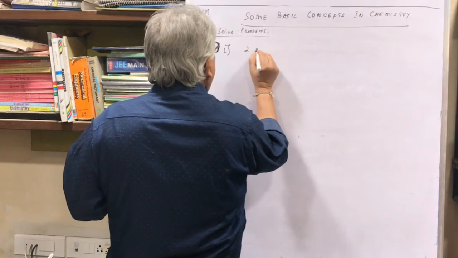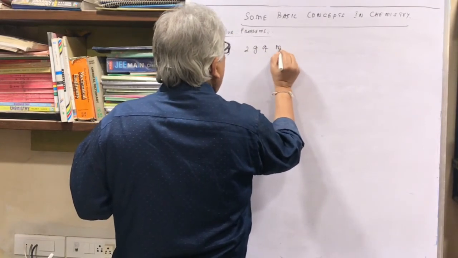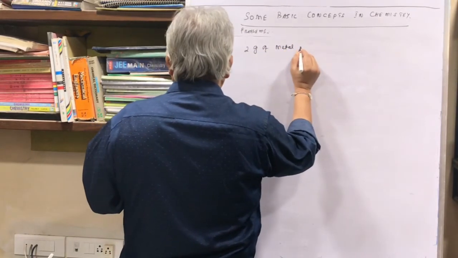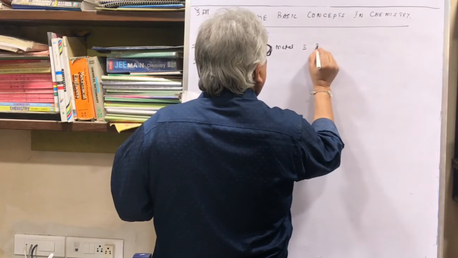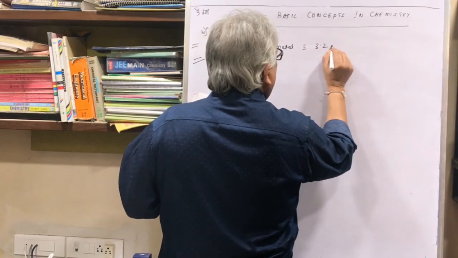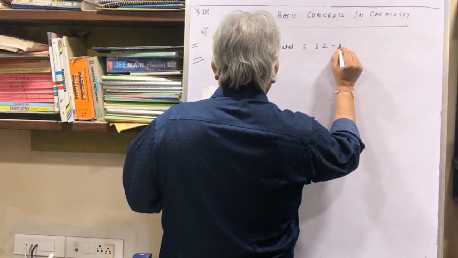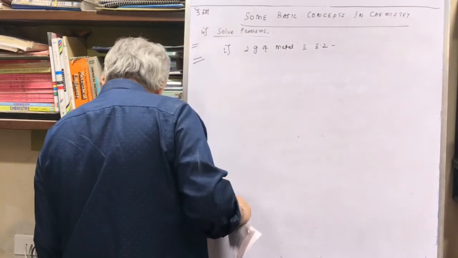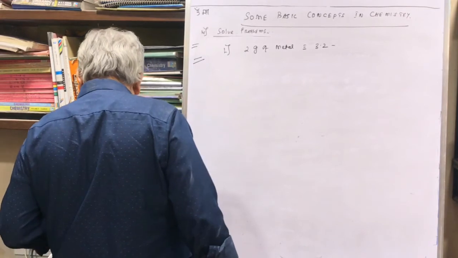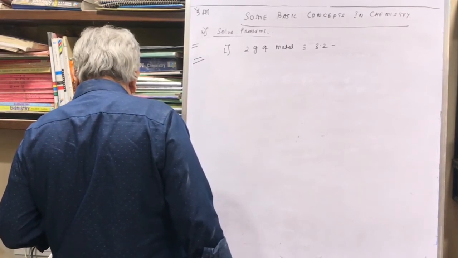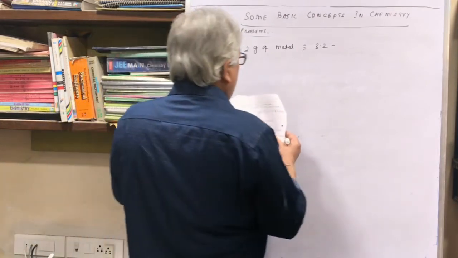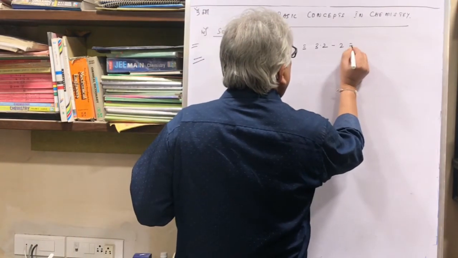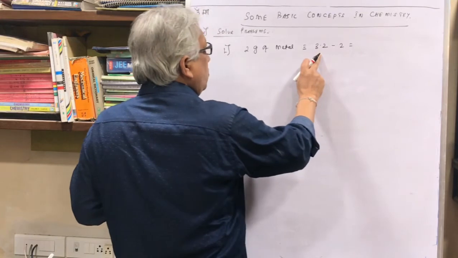So 2 gram of metal corresponds to 3.2 minus 2, because oxide weight is 3.2.